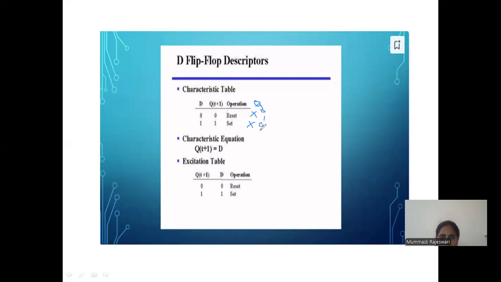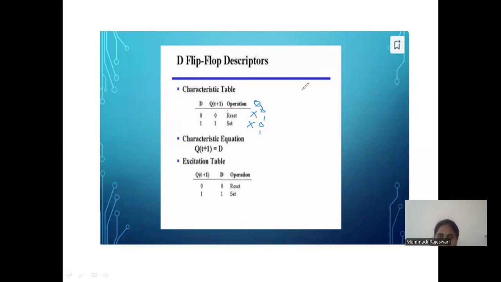Next, see here, when D is equal to 0 and your present state is 0, we get next state 0. And also, when D is equal to 0 and present state is 1, we are not depending on the present state value, whatever the input is, that only is reflected at the output. Means 0 or 1, we can get 0 only. When 0 or 1, we can get 1 only.